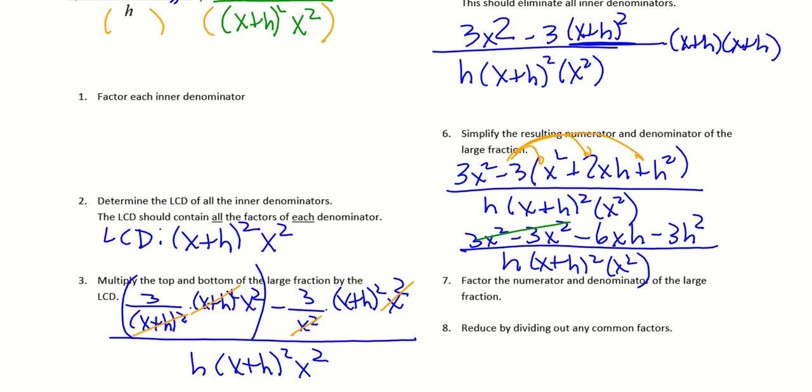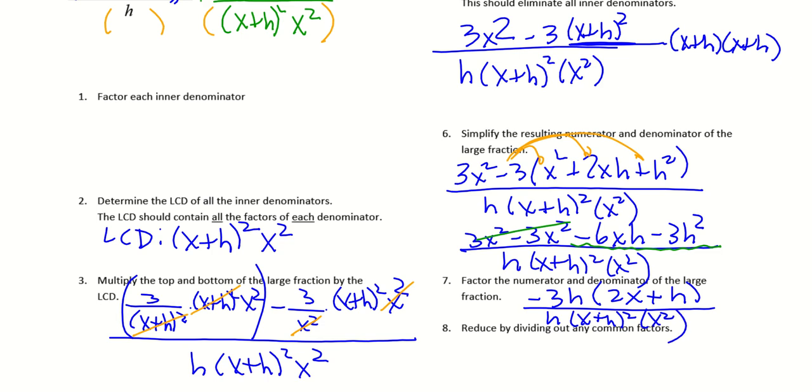That leaves us with this negative 6xh minus 3h squared. If we factor that numerator, then we can pull out a common factor of negative 3h, which leaves us 2x plus h over h times x plus h, which is squared, times x squared.